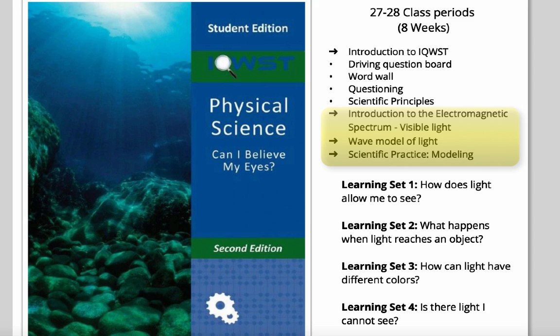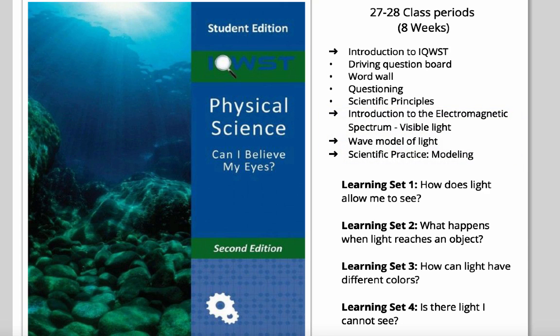We're going to use this very simple, common understanding of how we see and how our eyes work and how light interacts with that, so that students have something they can observe, take data on, and start making meaning of this seemingly basic concept of light, which is quite more complicated than we first think. The wave model of light will be introduced at the very end, and modeling is the big scientific practice. While there are certainly other practices included in this unit, modeling is the big one.